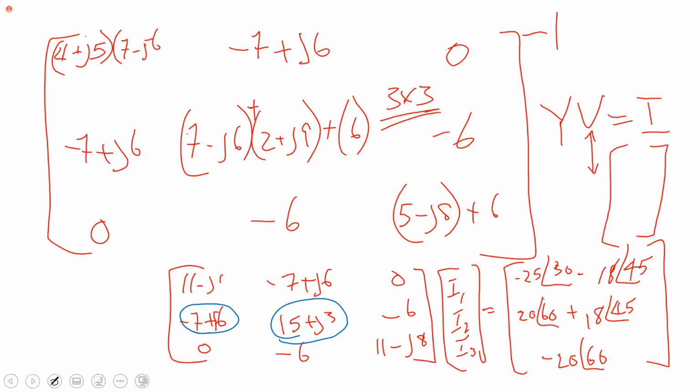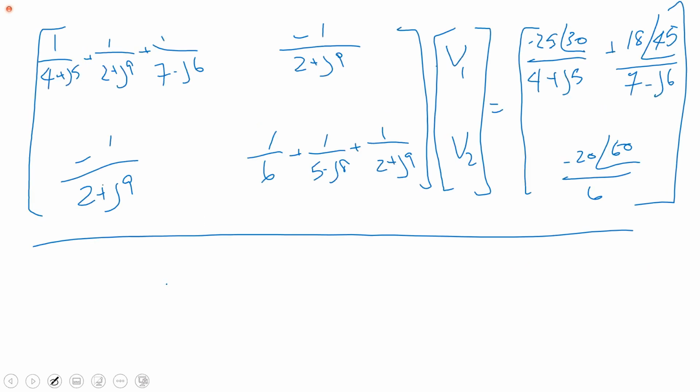So the short answer to your question is that this would be wrong, because this is referenced to the mesh currents and this is referenced to the node voltages. All right? Then power systems is going to tell us something completely different, but let's wait until we get there. All right?